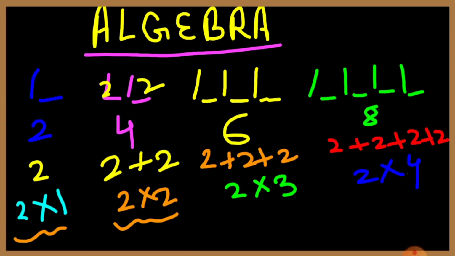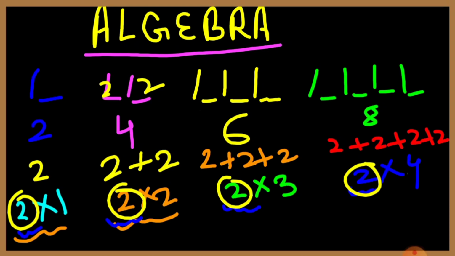Now just check the pattern. 2 is appearing everywhere in all the patterns, right? So 2 is constant here, because whenever you draw an L, the number of matchsticks used will be 2. What is variable here? In the first case we have drawn only 1 L, so the number of matchsticks was 2 into 1.